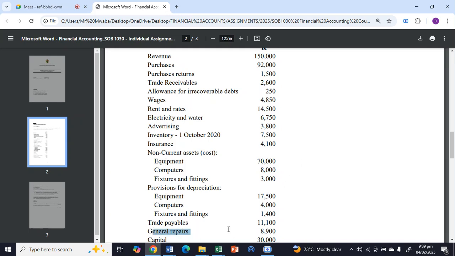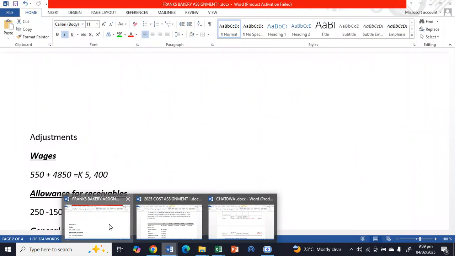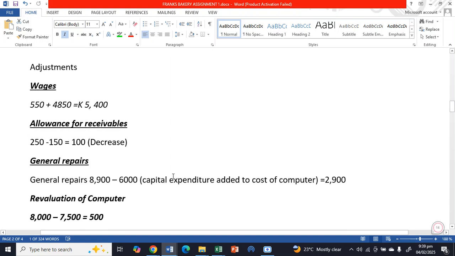Okay. You remove that 6,000 for the purchase of the new computer. So you deduct from 8,900. 8,900 minus 6,000, you get 2,900.